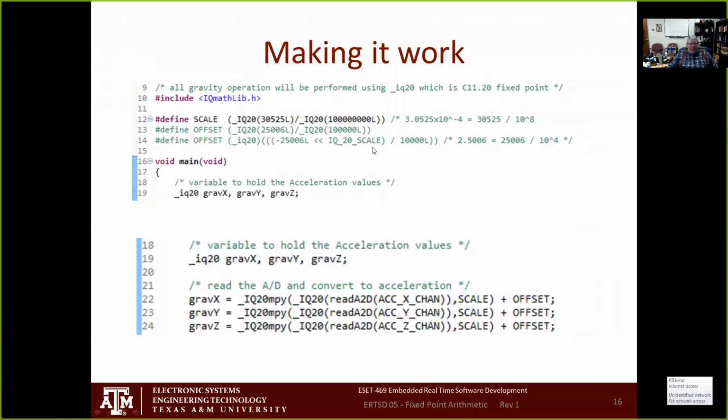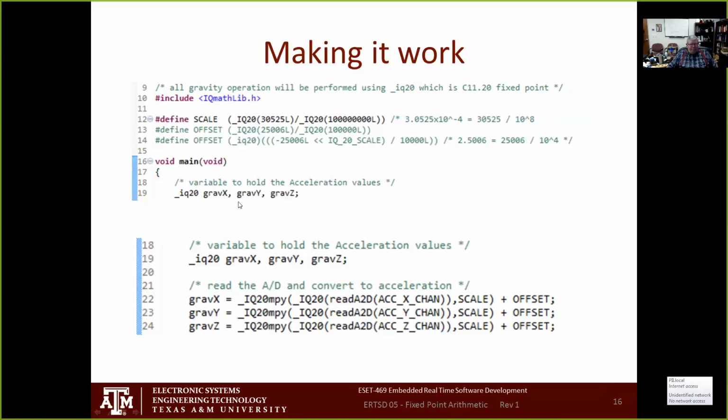And then I have to get my offset. Both of these will do the same job. Don't know why I did them both that way.